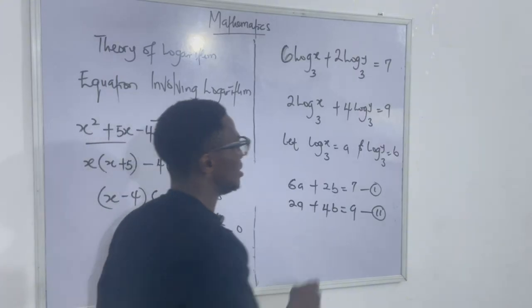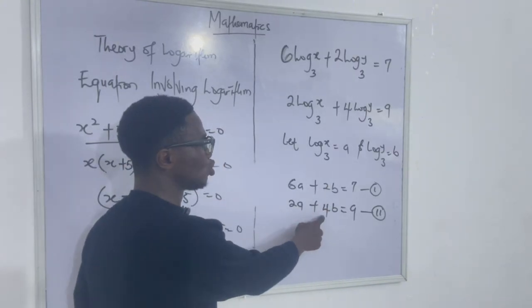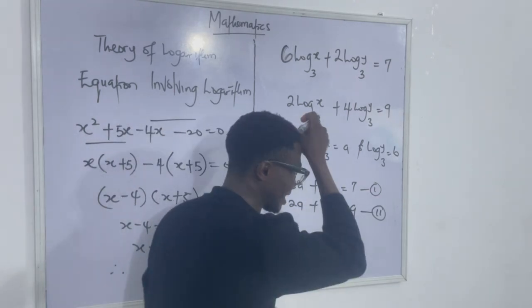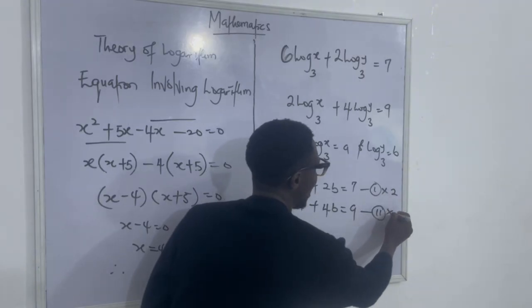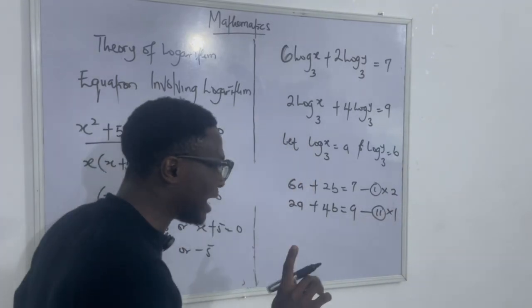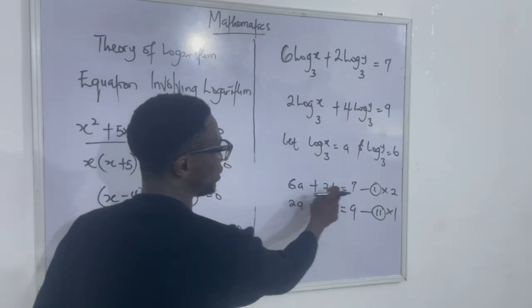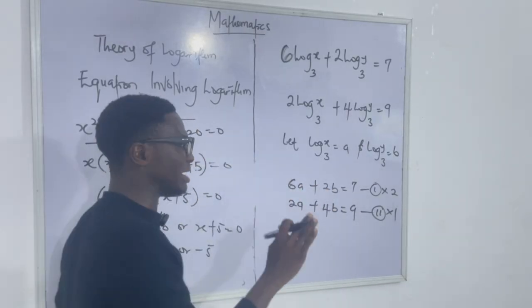The coefficient of b in equation 2 is 4, in equation 1 is 2. So we just interchange it. We make it balanced. Multiply this by 2 and multiply this by 1, because 2 times 2 will give you 4, and 4 times 1 will give you 4. It will still maintain it.